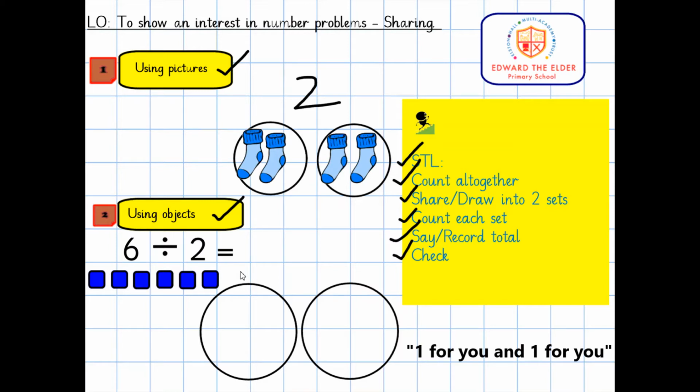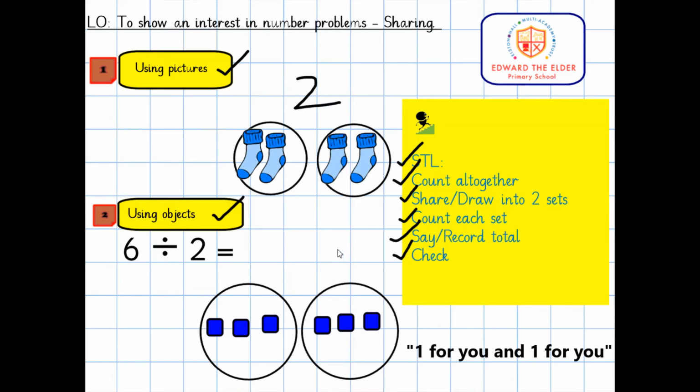We would then physically share the objects into two sets, using the vocabulary 1 for you, 1 for you.